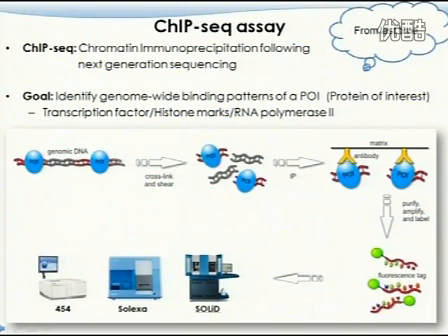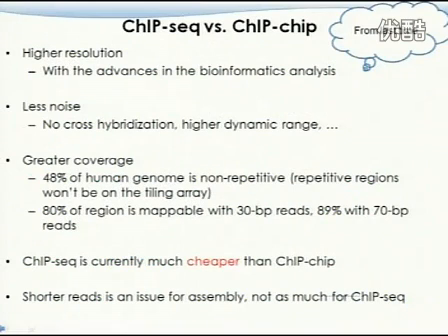You do the cross-linking, which means the double-strand DNA will be bound to the protein, and then you break it into smaller pieces, and then you use an antibody to target this protein. After that, you sequence these reads, and then use bioinformatics to identify where in the genome that protein originally bound. And we talked about the comparison between ChIP-seq and ChIP-chip.